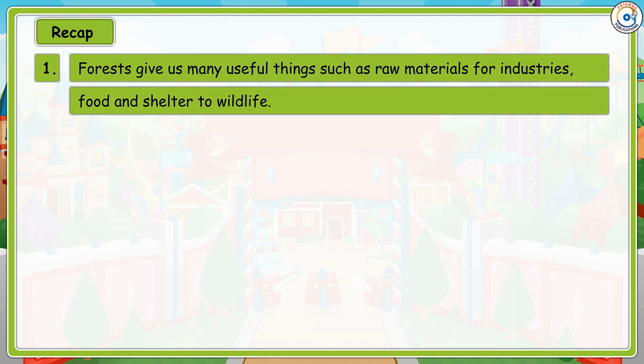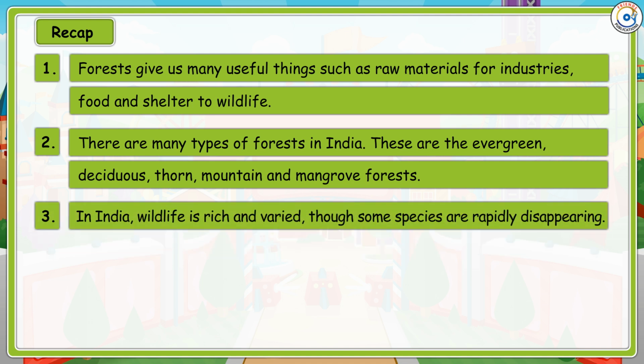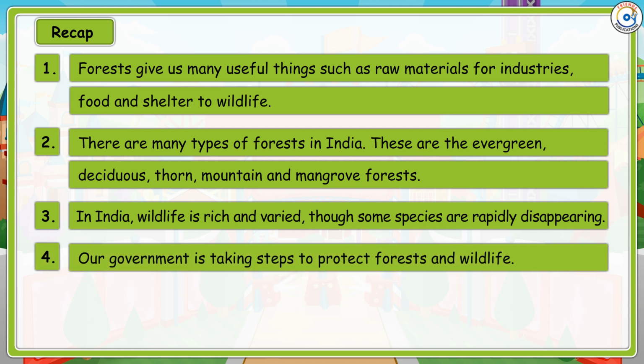Recap. Forests give us many useful things such as raw materials for industries, food, and shelter to wildlife. There are many types of forests in India. These are the evergreen, deciduous, thorn, mountain, and mangrove forest. In India, wildlife is rich and varied, though some species are rapidly disappearing.